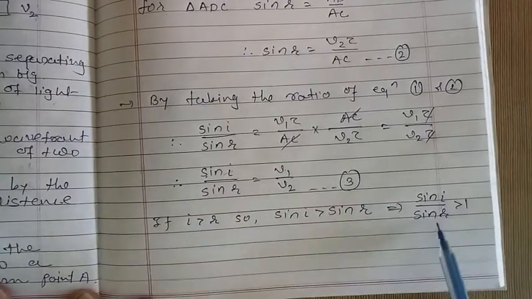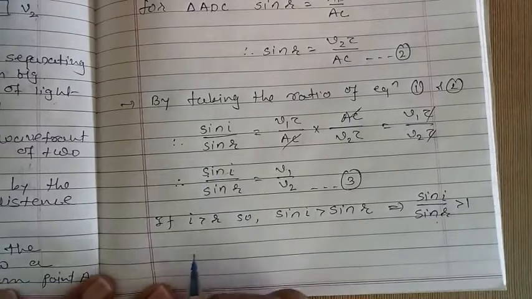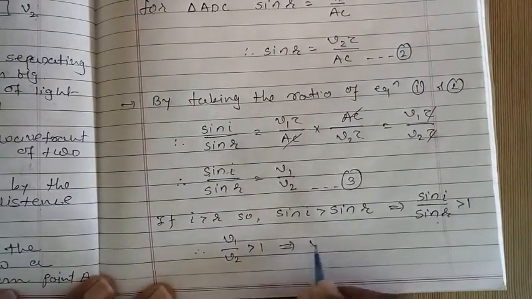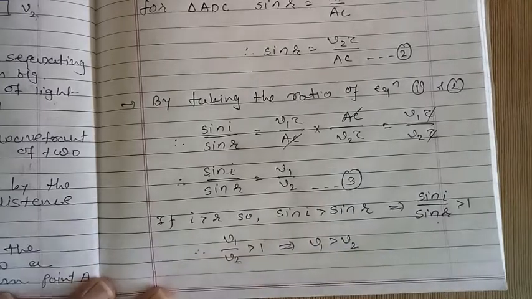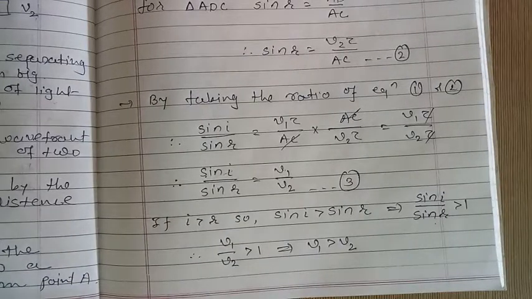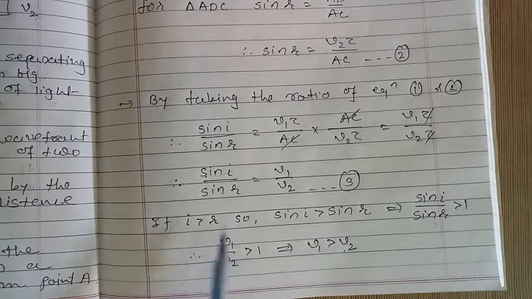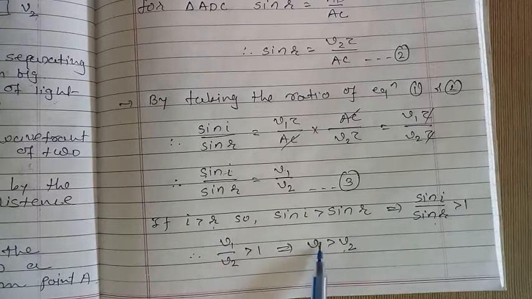So if sin I upon sin R is greater than 1, then V1 upon V2 is greater than 1, so V1 is greater than V2. So the speed in medium 1 is higher than the speed in medium 2. We prove that if I is greater than R, then V1 is greater than V2.